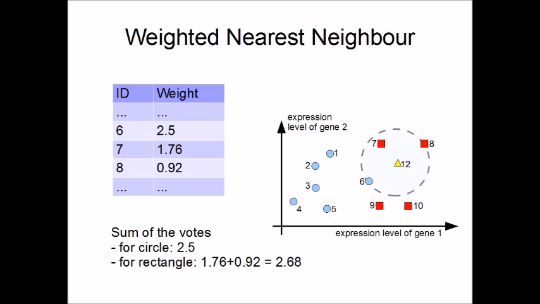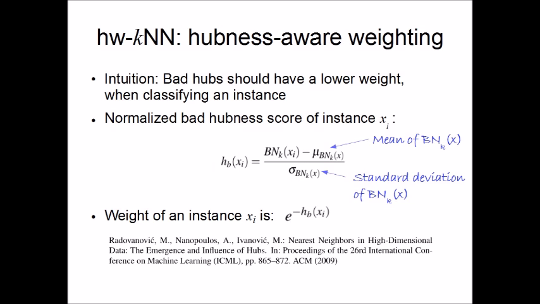So the sum of the votes for the class of rectangles is higher than the sum of the votes for the class of circles, and therefore in this case this triangle will be classified as a rectangle. So in this case, this weighted nearest neighbor classifier gives the same result as a simple nearest neighbor classifier.